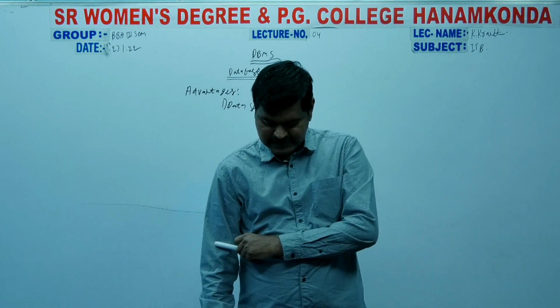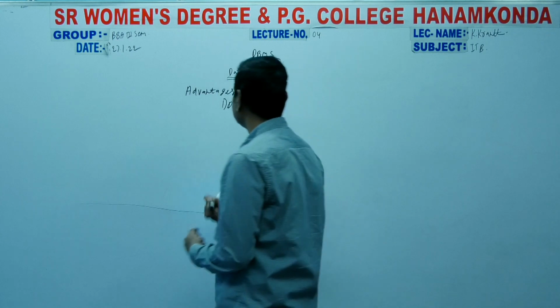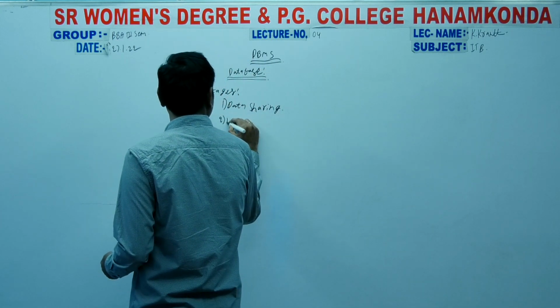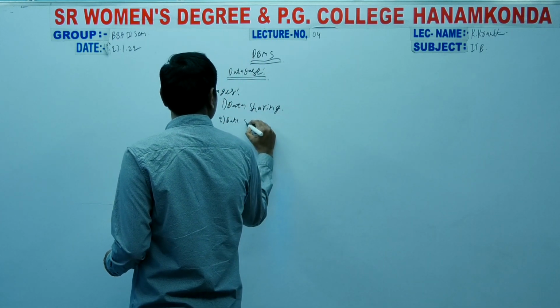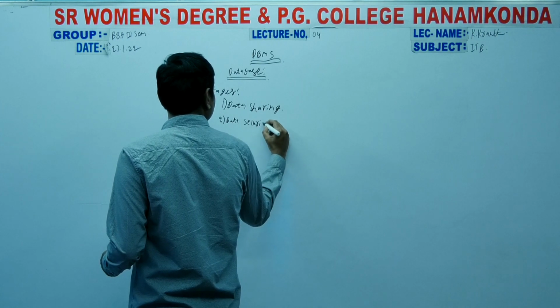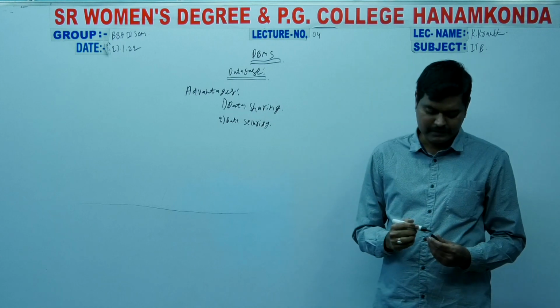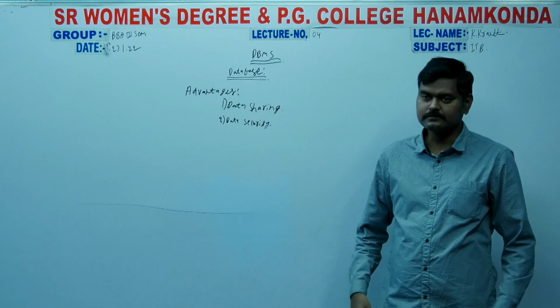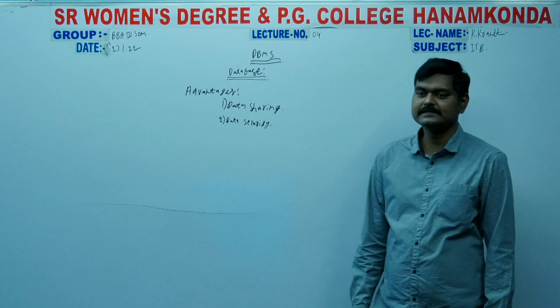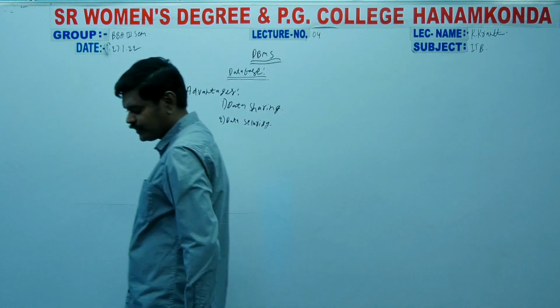Next one, data security. The second one is data security. That means in DBMS we are going to have security. Security means we can give security for our data. How to give the security?